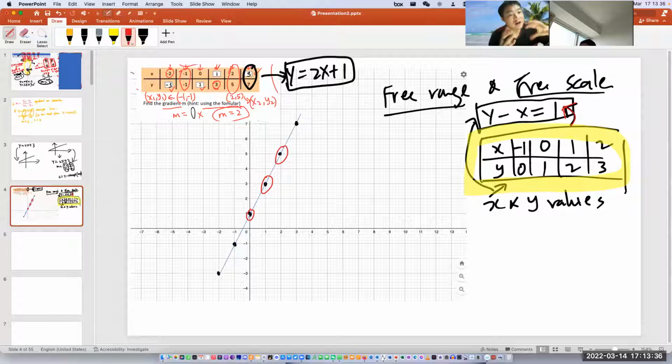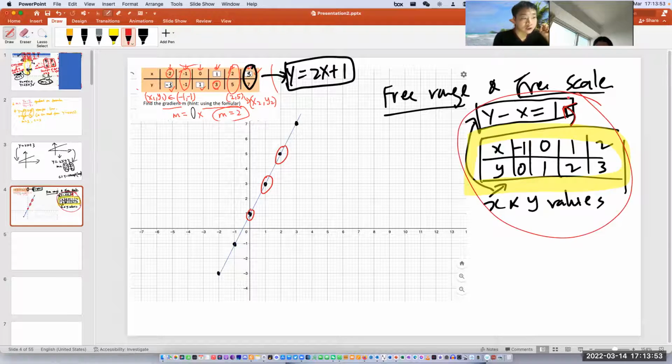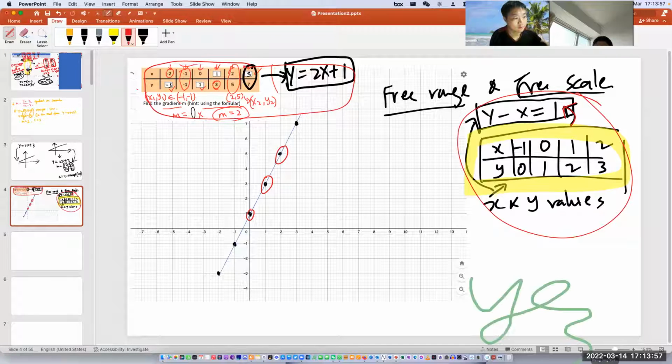So different function, you have different table. It makes sense, right? It makes sense because different function, different values of x and y. Does it make sense to you? Why I need another table for another function, and why this function has this table? Okay, yeah, pretty simple. Okay, good.